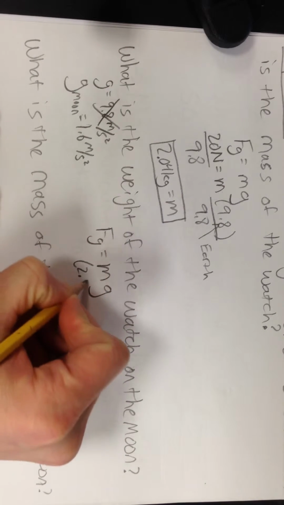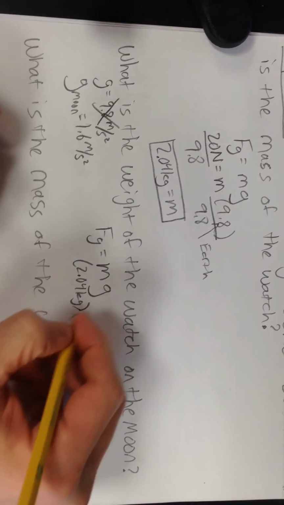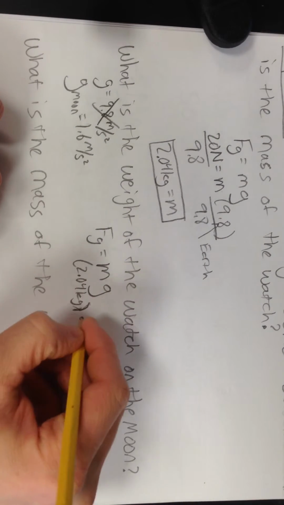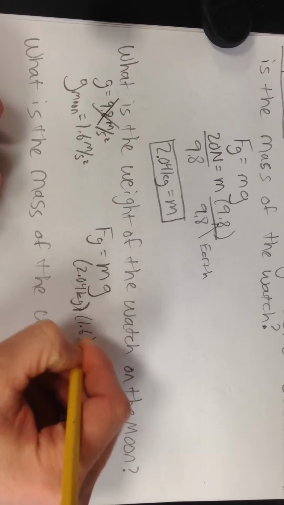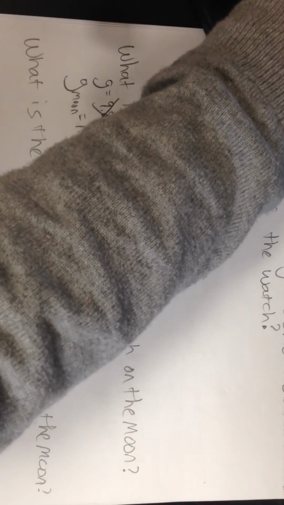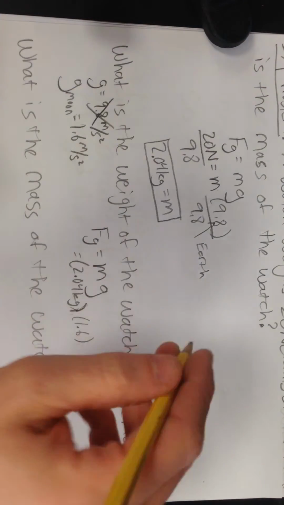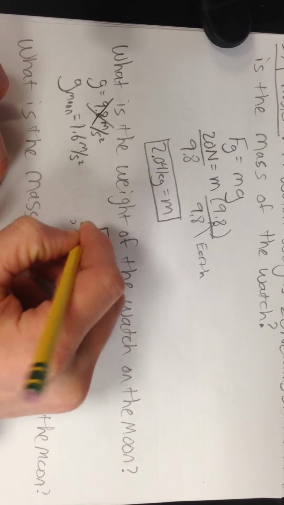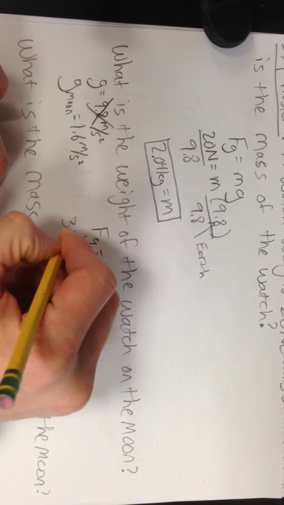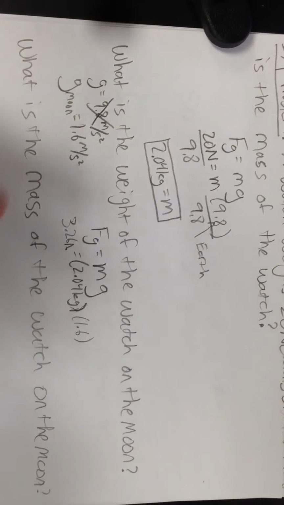It's still the same amount of matter in that watch. So we can use that mass we just calculated and the acceleration due to gravity on the moon to get its weight on the moon. 3.26 newtons, much less.